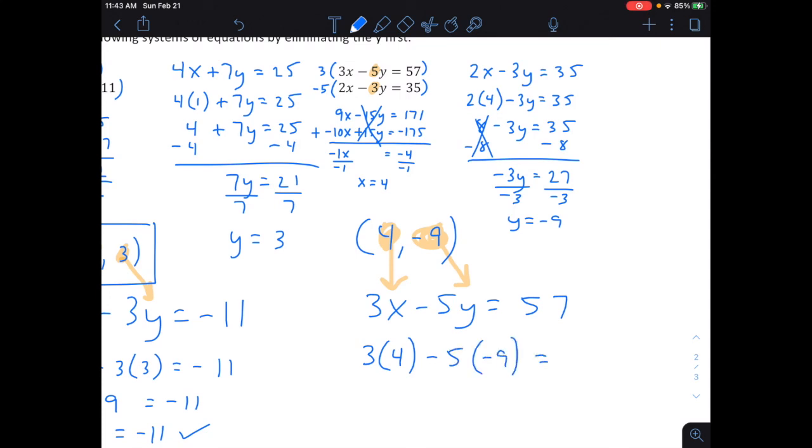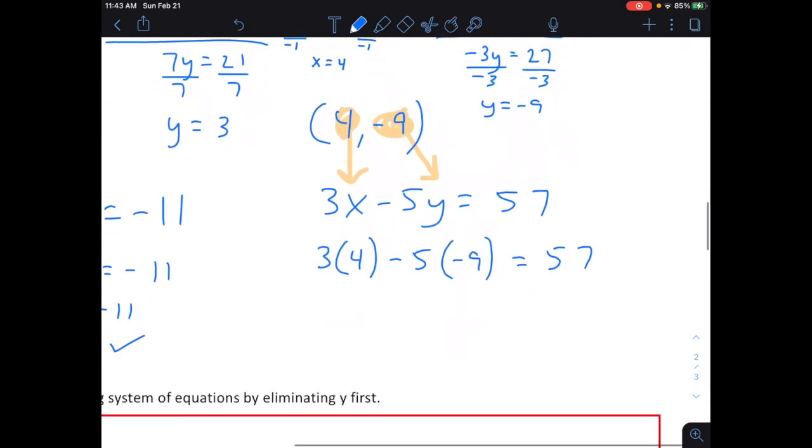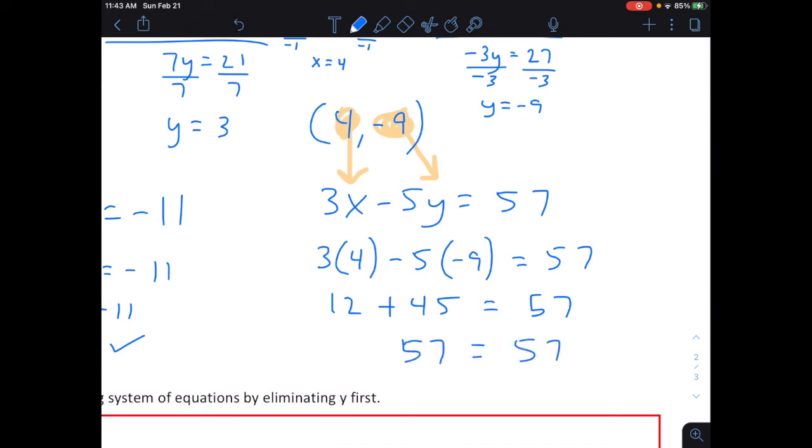Oof, negatives. Let's stay positive, people. So we have 12. Negative times negative is positive. Hey, we're staying positive. Whoops, wrote the wrong number. 57. And then 12 plus 45 is 57. And we know 57 equals 57, so we've got a good answer.